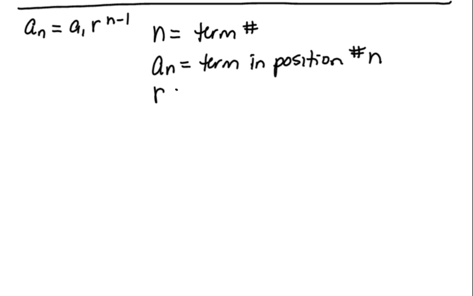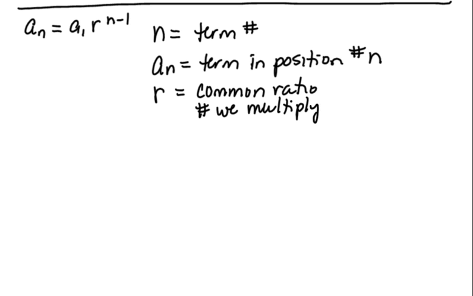R has a special name. It's called the common ratio, but that's not really what I wanted you to say so much. What do we do with this R? It's the number we multiply by to get to the next term.